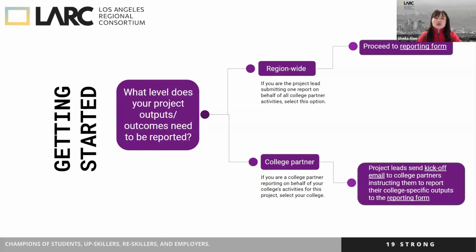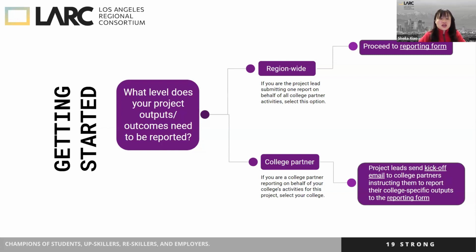So at what level do your project outputs need to be reported? For example, are your project activities being operationalized on a campus by campus basis, or is your project being operationalized at the regional level where you're convening members of different colleges for a regional activity?